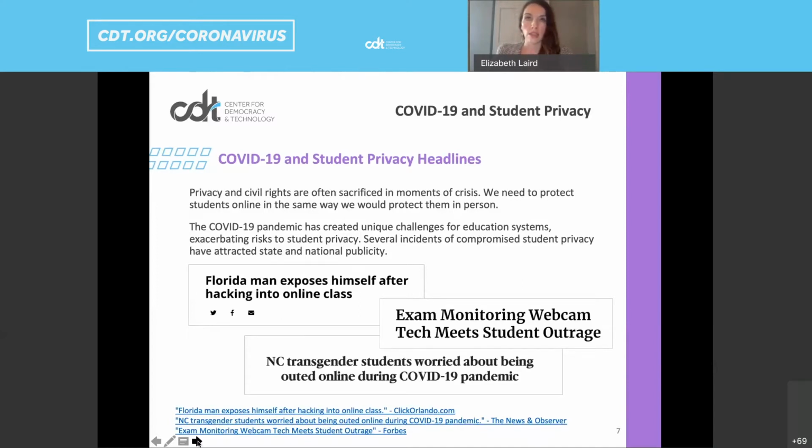And at CDT, and it's not specific to education, it applies to all of our projects, we're concerned that in moments of crisis, like what we're experiencing right now, it is in those moments that privacy and civil rights are most likely to be sacrificed, either because they become a lower priority or because people are more willing to give them up if they believe it will keep them safer.